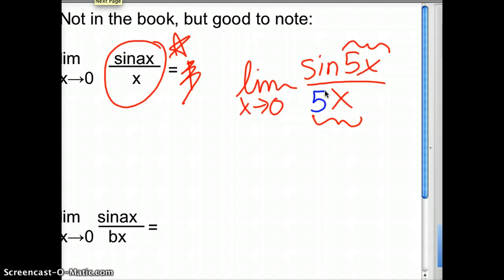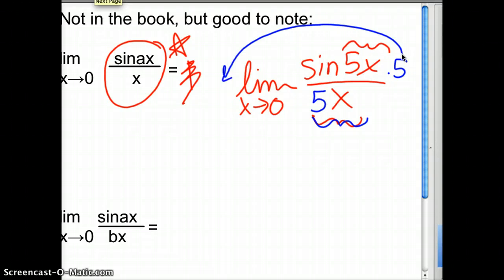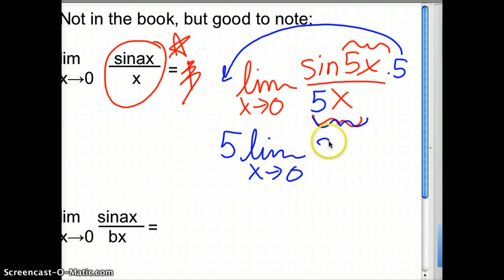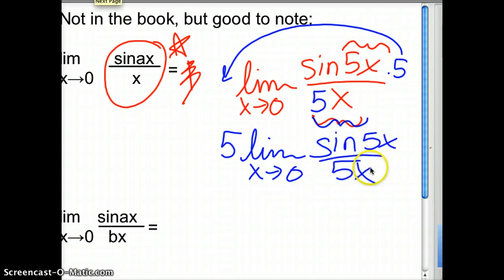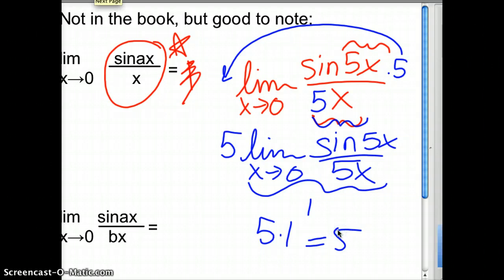But if I choose to do that, so I've got the same stuff here, I've got to multiply by 5. And constants come out front. So I end up with 5 times the limit as x approaches 0 of sine 5x over 5x. And this right here is 1. So you have 5 times 1, which is 5. So know how to work with that as well.